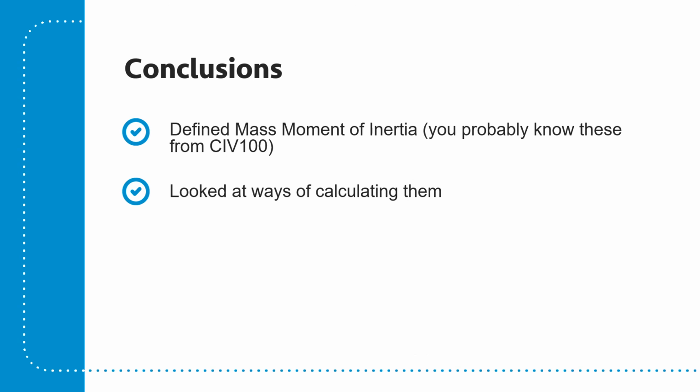You know a lot of these things, especially for area moments of inertia from Civ 100. However, it's really good to have this sort of lecture where you're talking about the mass moment of inertia, just to get comfortable with the idea, and also to look at ways of calculating them.